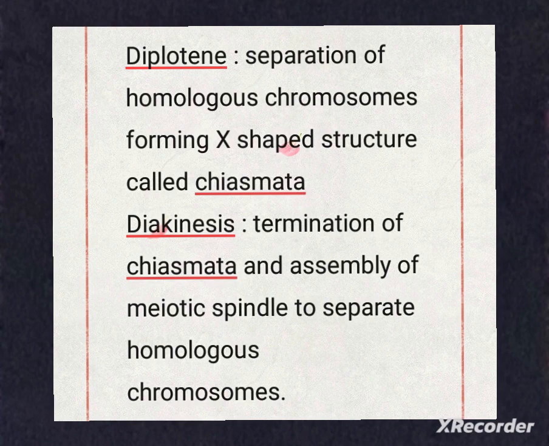The diplotene stage shows the separation of homologous chromosomes of the bivalent except at the sites of crossover. The X-shaped structures formed during separation are known as chiasmata.